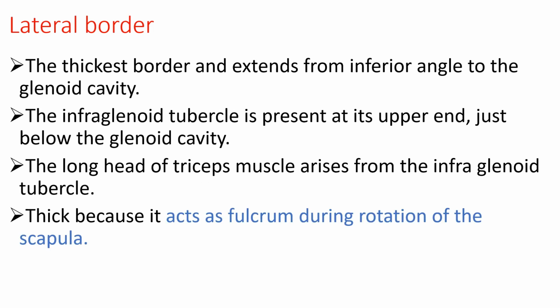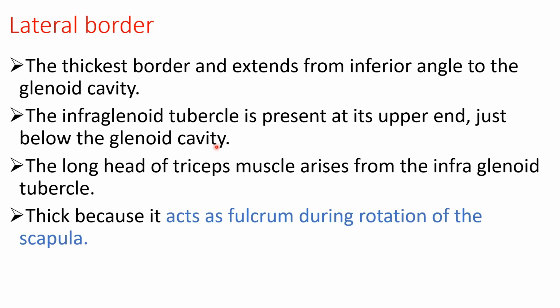Then on the lateral border, this is the thickest border and extends from the inferior angle to the glenoid cavity. The glenoid cavity is whereby the head of the humerus attaches to form the glenohumeral joint, what is commonly known as the shoulder joint.